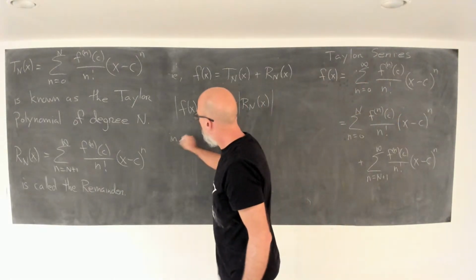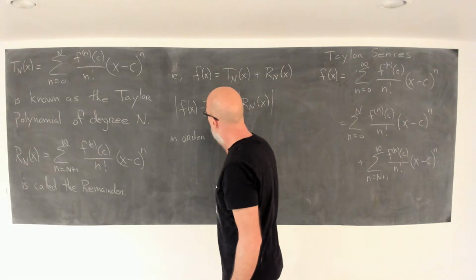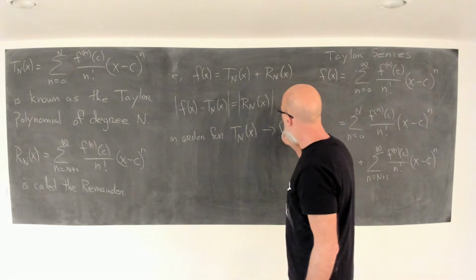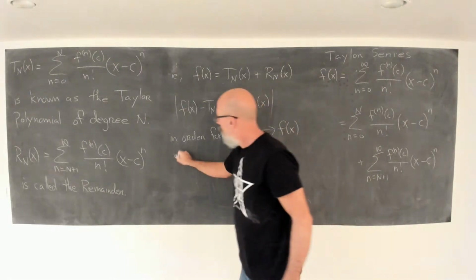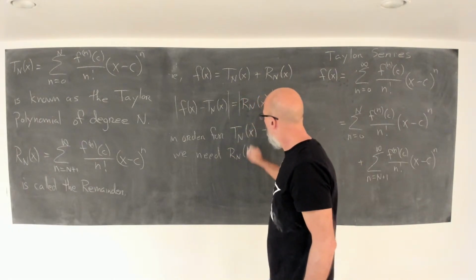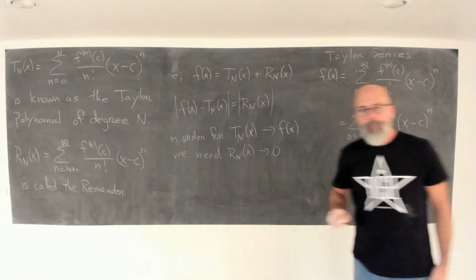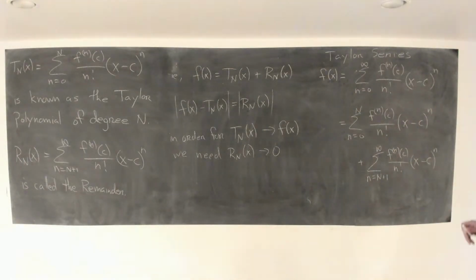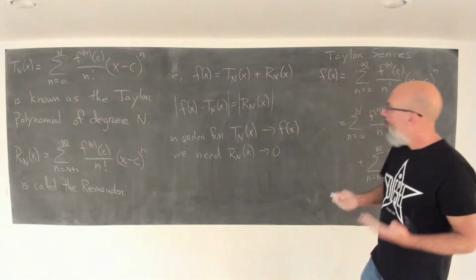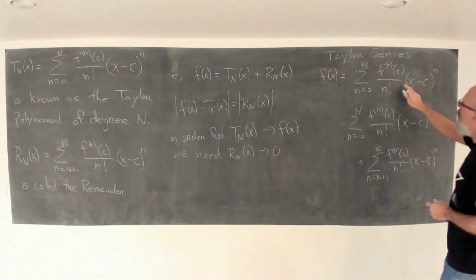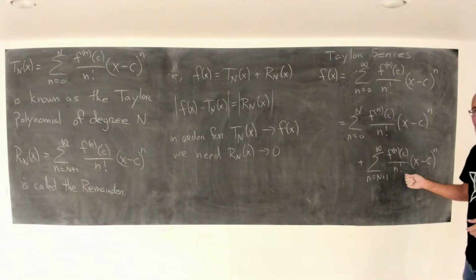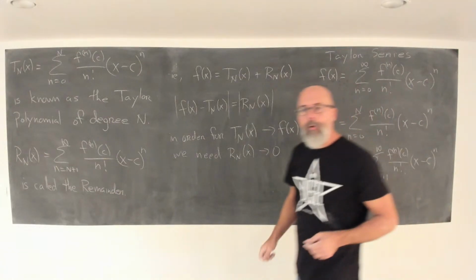So there's actually a condition for the function to be equal to the Taylor series. We need the remainder to go to 0.